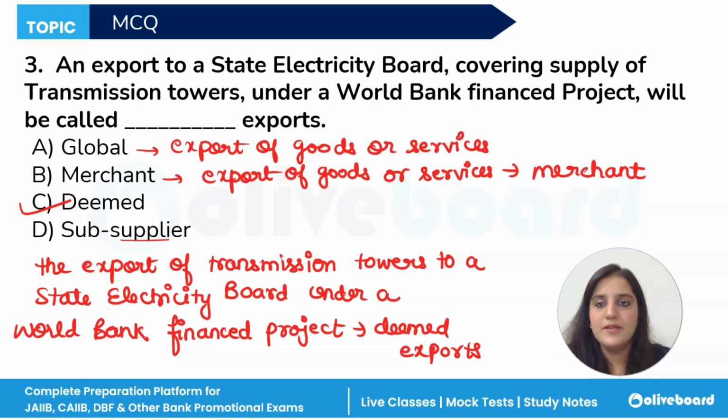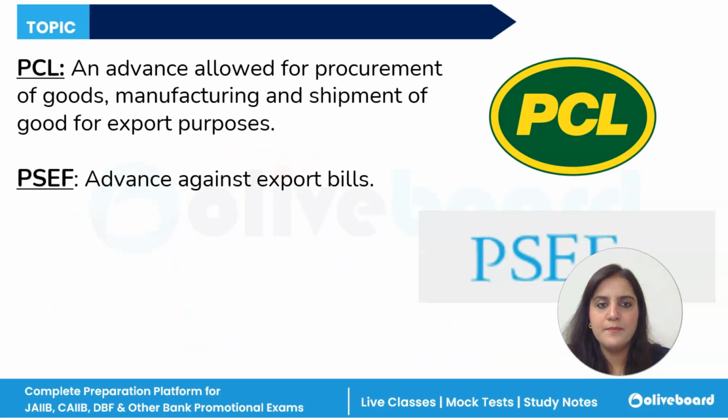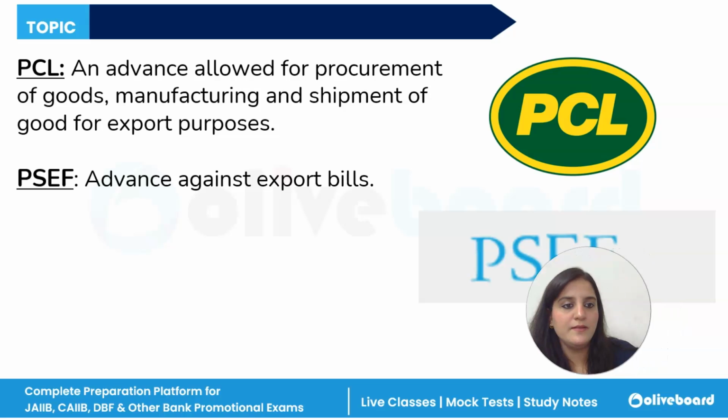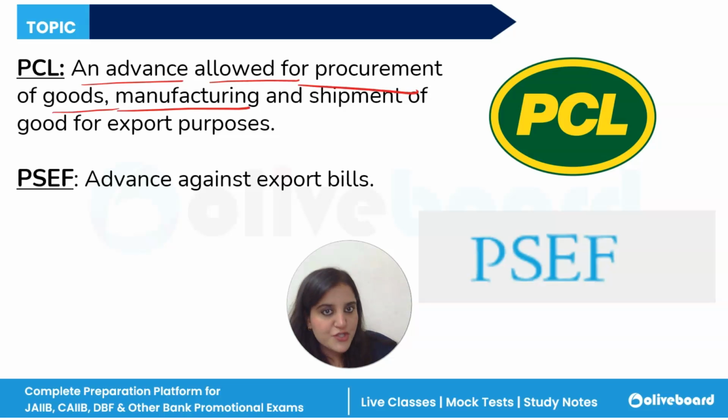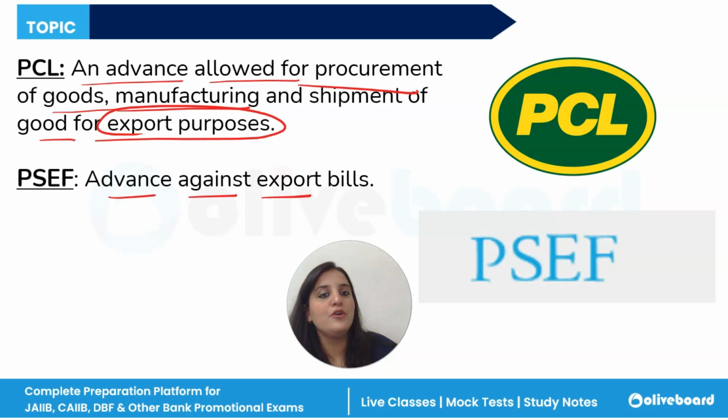Now, moving to the next one. Here some important terms we will see, like PCL, an advance allowed for procurement of goods, manufacturing and shipment of goods for export purposes. Now, what is PSEF? Advance against export bills. That is PSEF.